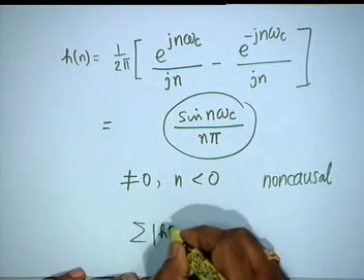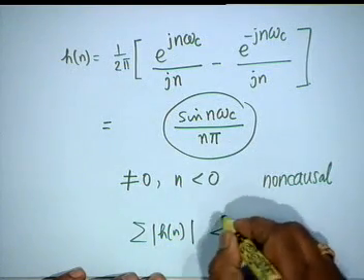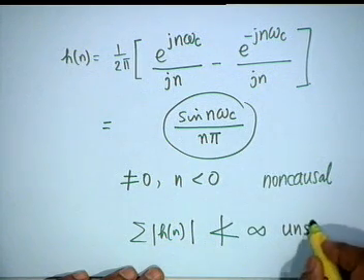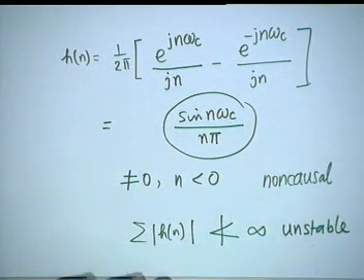Summation of magnitude h of n is not less than infinity, it blows up, it is not summable, and therefore, it is also unstable. Once at least in your life you should know why an ideal filter, this is true about ideal high pass, ideal band pass, ideal band stop, any ideal kind of filter, it is non-causal and also unstable, therefore, it cannot be realized.